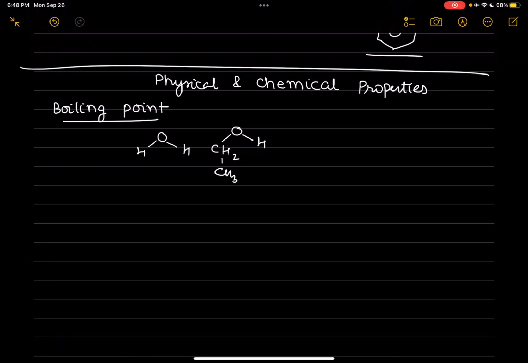And let's take the third molecule, which is ether. So alcohol has, on one side, an alkyl group, on the other side you have H. And in ether, your oxygen is connected to two alkyl groups. So what's the order of the boiling point?